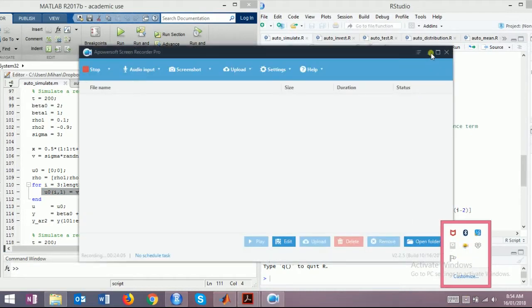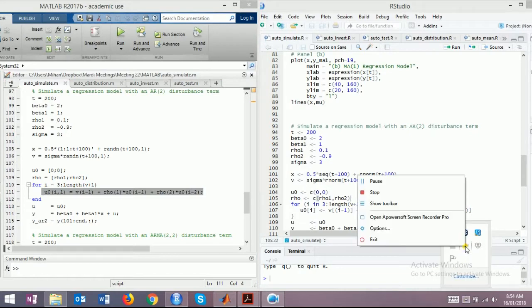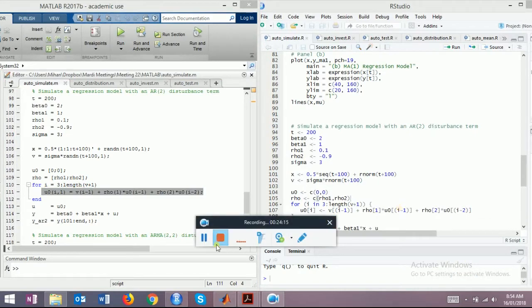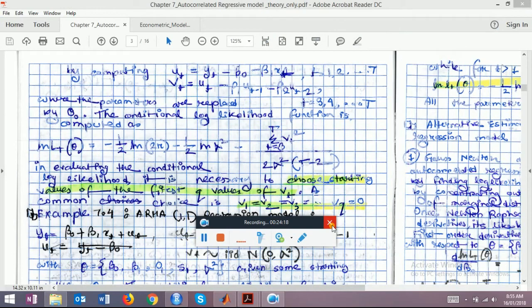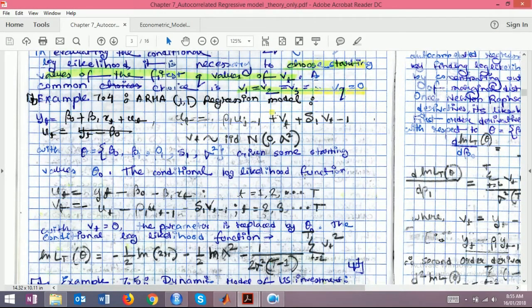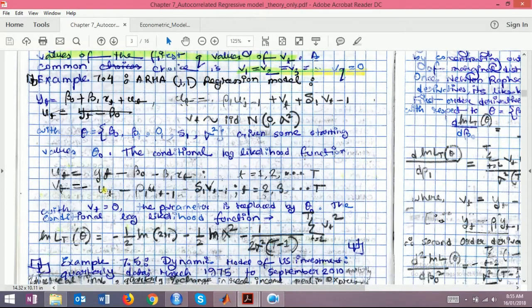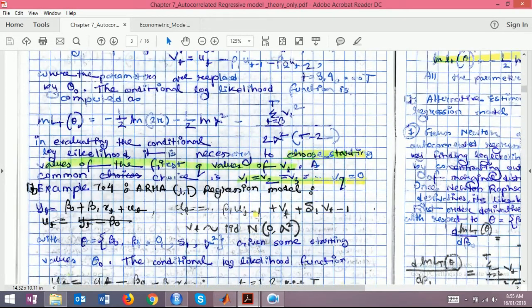Okay, just checking if it is recording well or not, because show toolbar. So here you see example 7.4 has an ARMA 1-1 regression model where ut is yt minus beta naught minus beta 1 xt. We understand that vt, we are talking about ARMA. Ut is rho 1 ut minus 1 plus delta 1 vt minus 1, right?